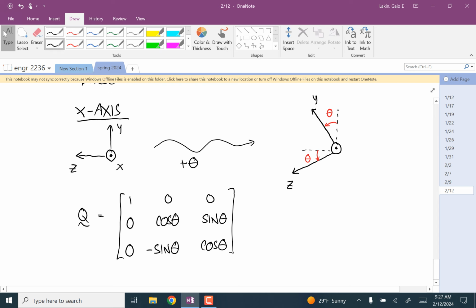So that's the rotation matrix for transforming the coordinate system about the x-axis. Remember that this can be confusing because you can also rotate vectors around axes.